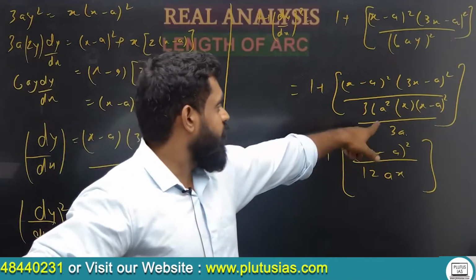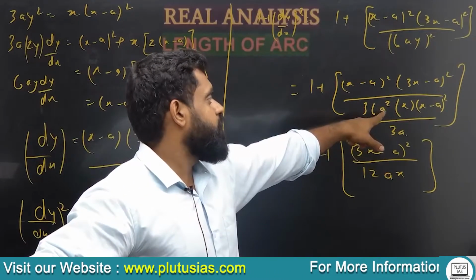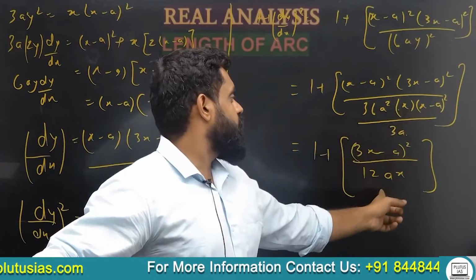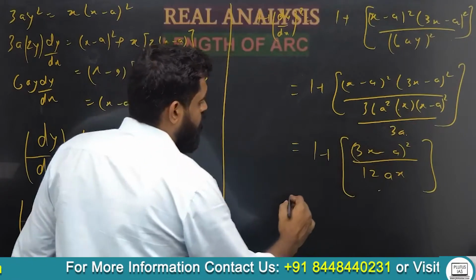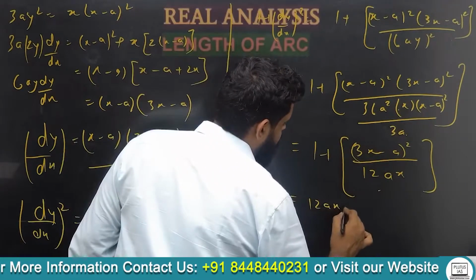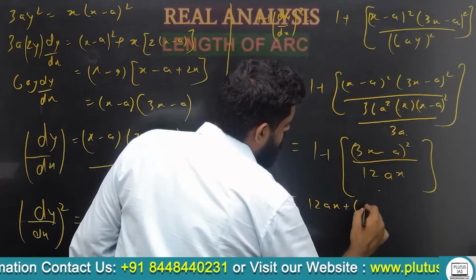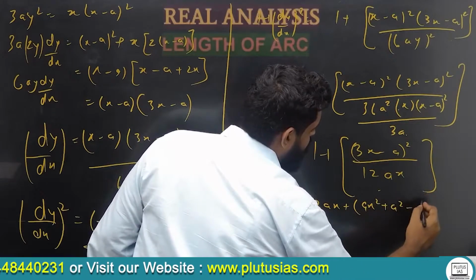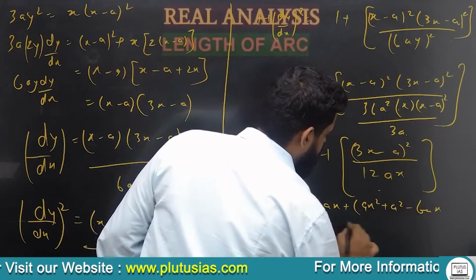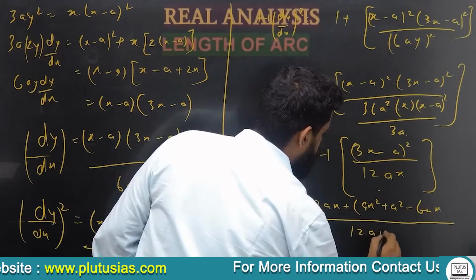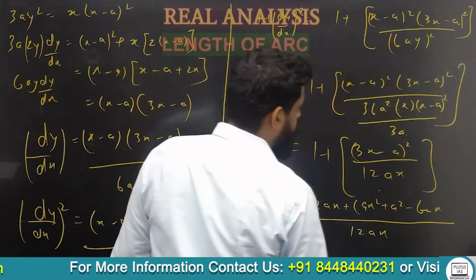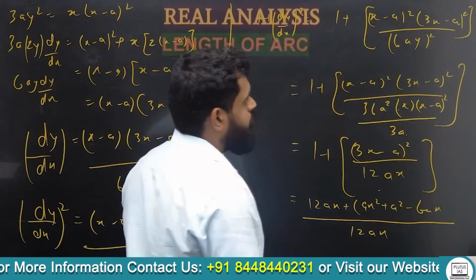This 3 cancels with 12, a cancels with a square, and x minus a square cancels, and we are left with 12ax. So we get 12ax plus 9x square plus a square minus 6ax, upon 12ax.